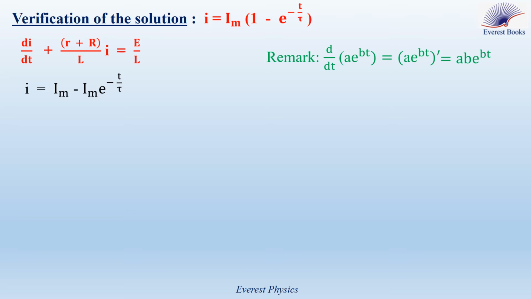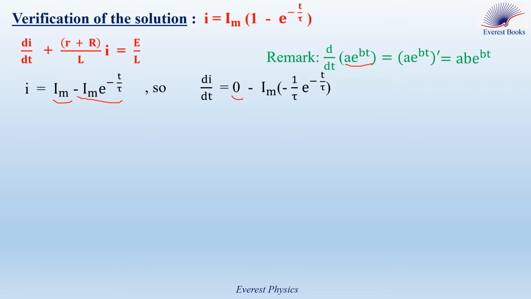Now let's differentiate i with respect to time. Im is constant, so the derivative of Im with respect to time is equal to 0. Now minus Im e to the power minus t over tau is similar to a e to the power bt, where minus Im is equal to a and minus 1 over tau is equal to b.